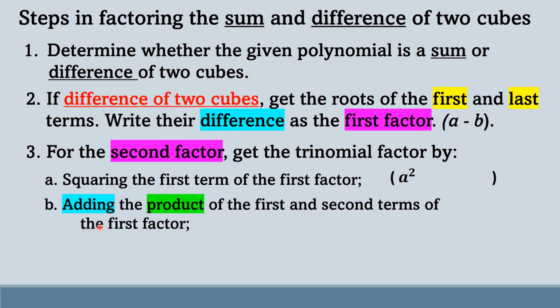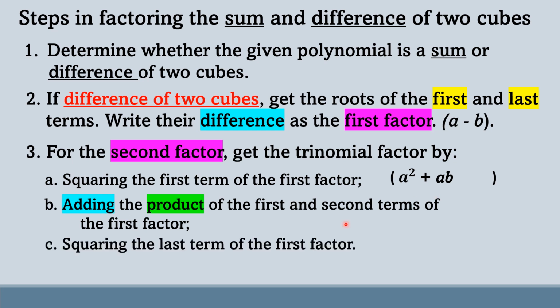Next, we're going to add the product of the first and second terms of the first factor. Our first factor is A minus B. We're going to get the product of the first term and the second term. So A times B will become AB, and we're going to add that to get the second term.